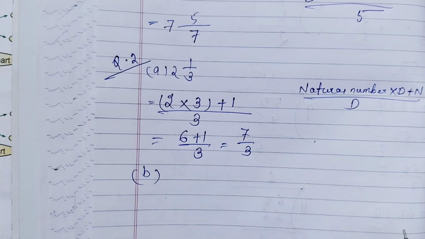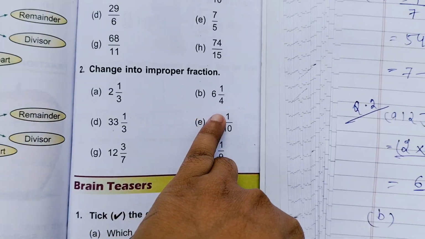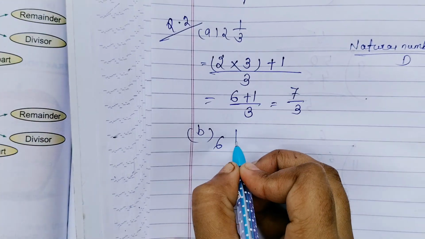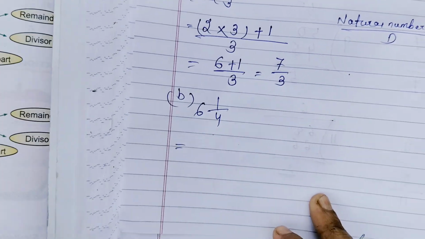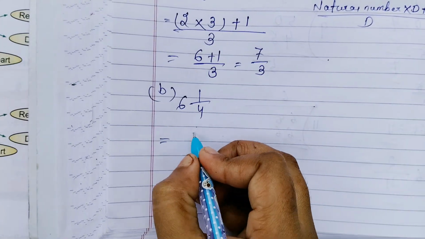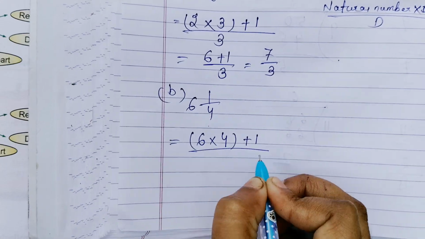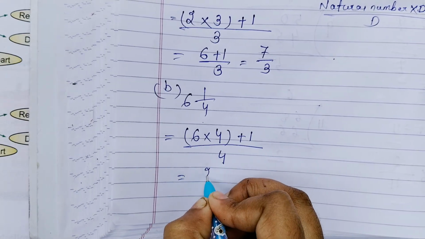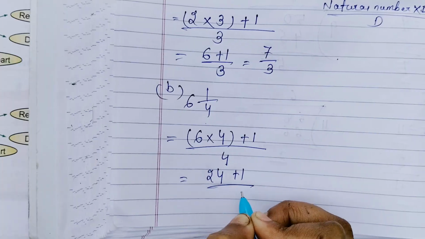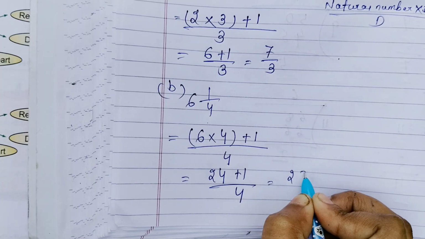Now we solve the next, point B. 6 whole of 1 by 4. First I write the natural number part. Natural number part is 6 into denominator 4, then plus numerator 1 by denominator 4. 6 4s are 24. 24 plus 1 by 4 equals 25 by 4.